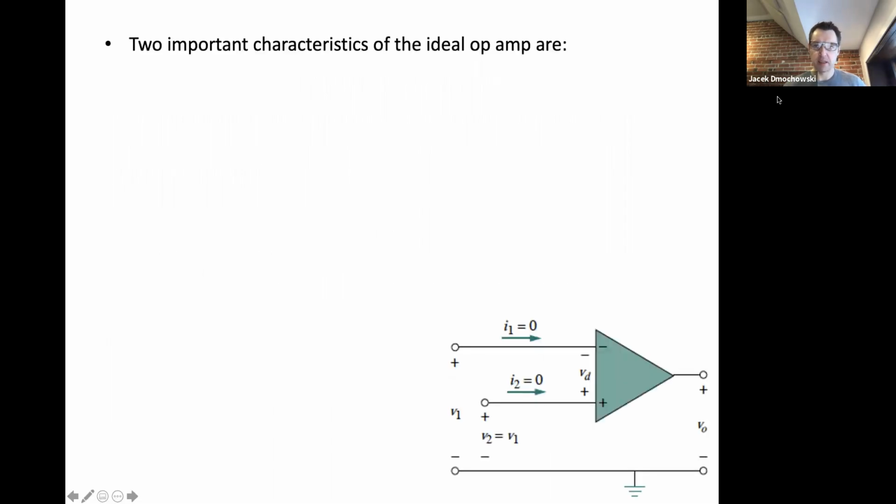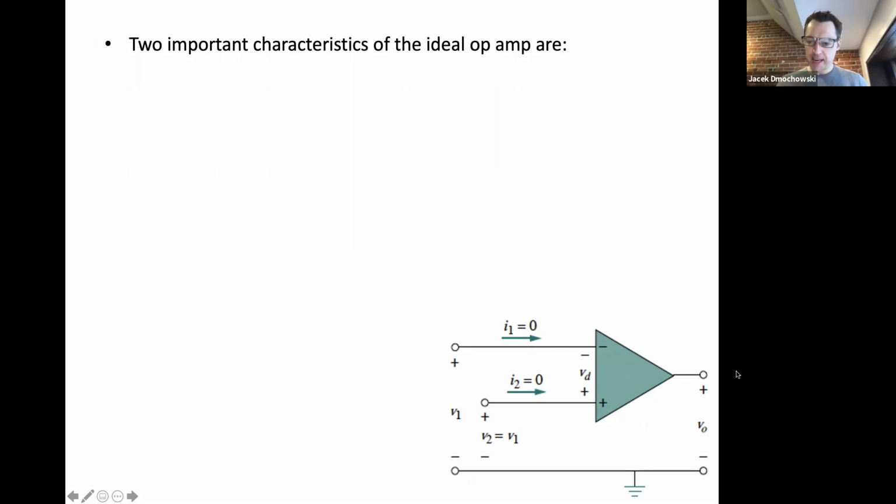So basically, this is an important slide. This is what the ideal assumption means: even though you're putting in a voltage at the inverting input and a voltage at the non-inverting input, even if those voltages differ, there's never going to be current that actually flows into the op-amp.